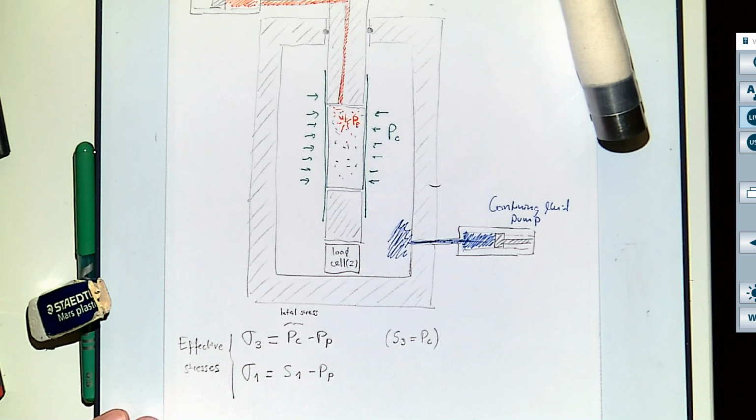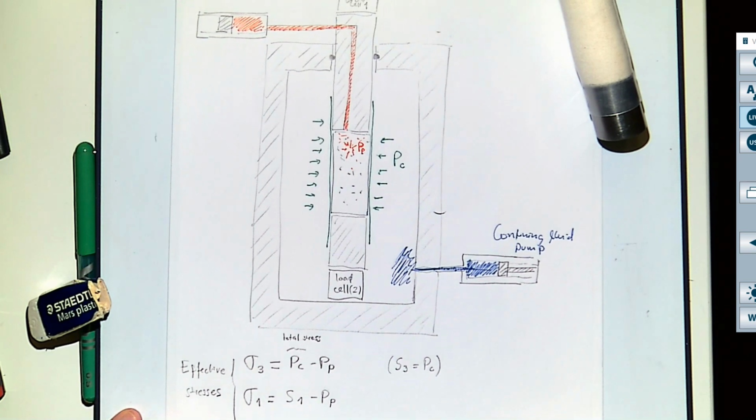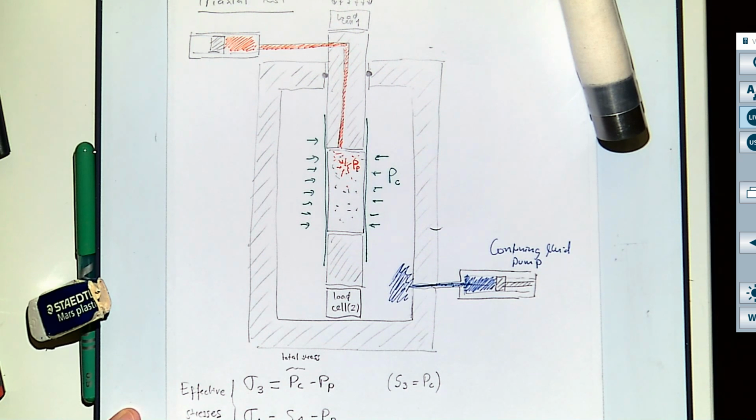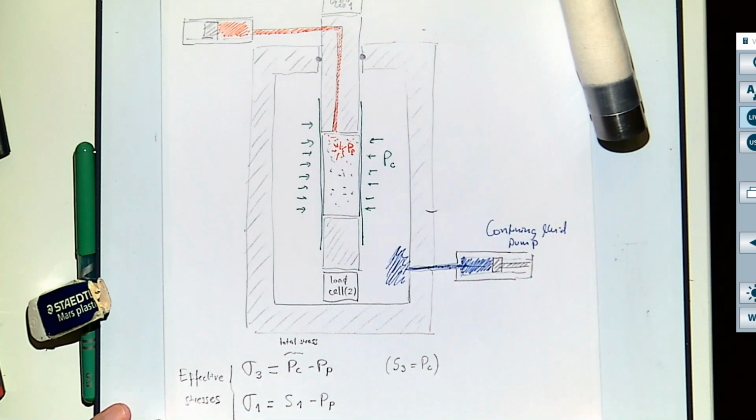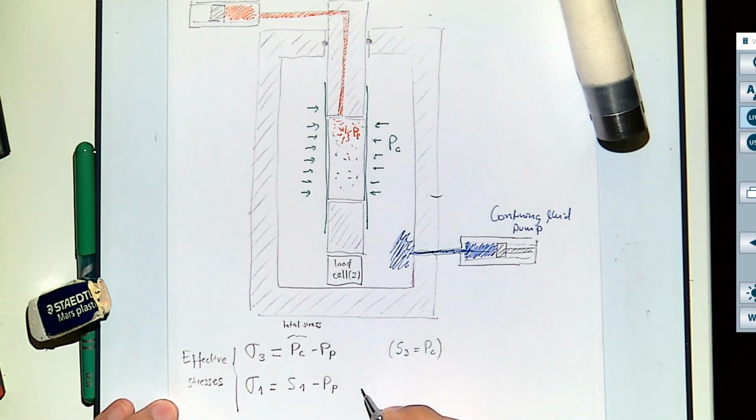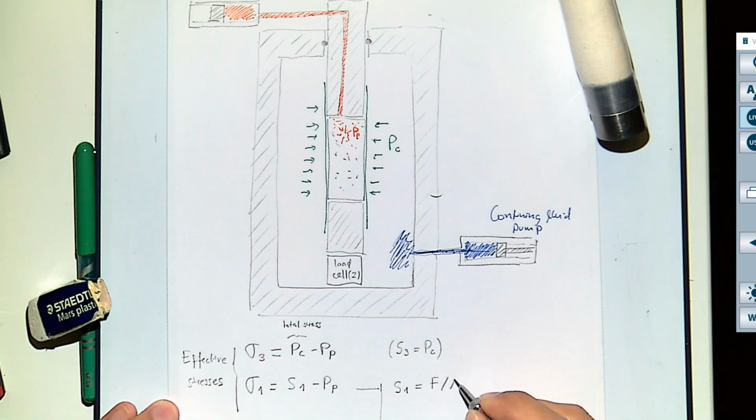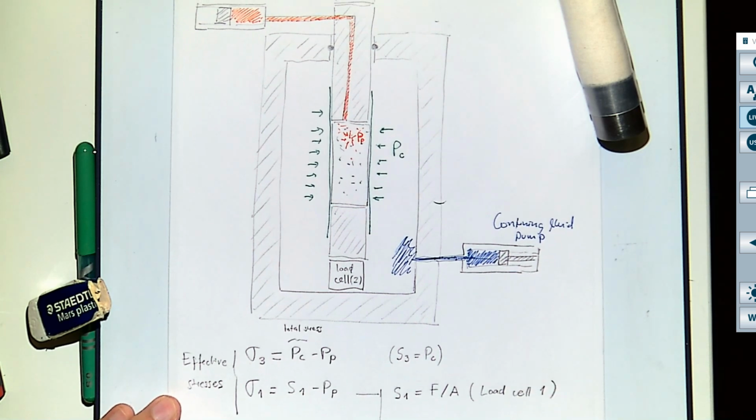Okay, let me tell you one more thing about this and why I put two load cells here. Sometimes it depends on the device that you have, but in order to measure this S1, sometimes you measure S1, which is going to be equal to the force divided by area, and that's when you can measure force directly, and that will be with load cell number 1.